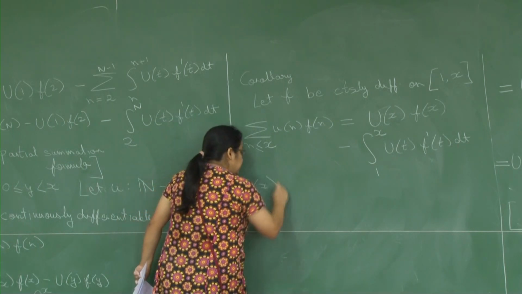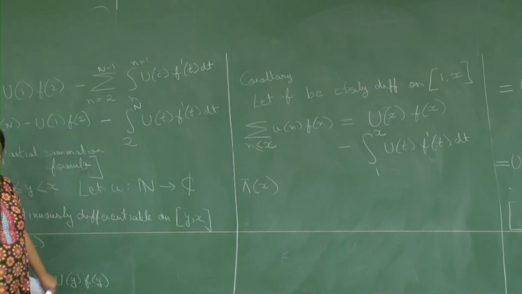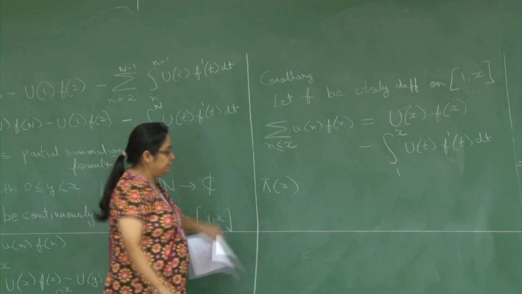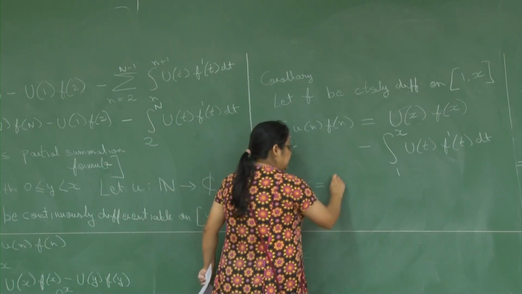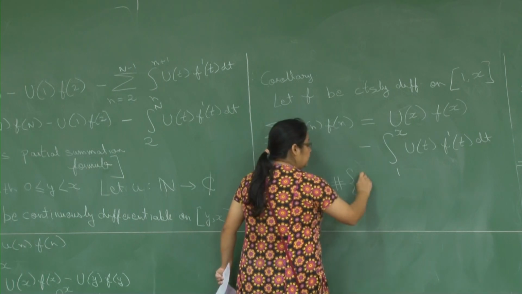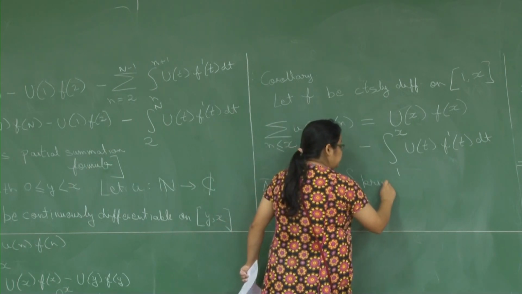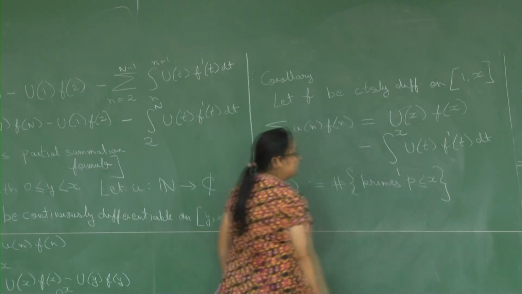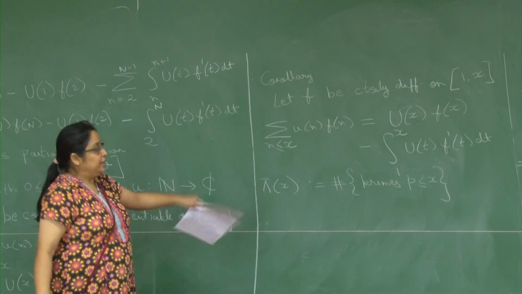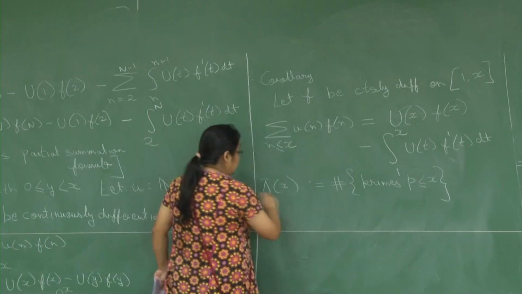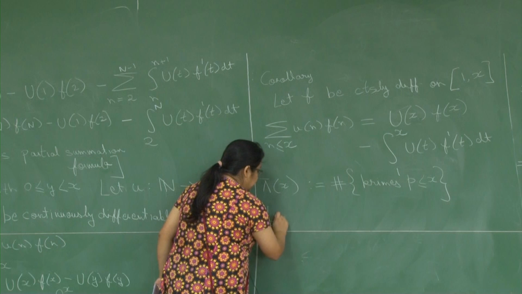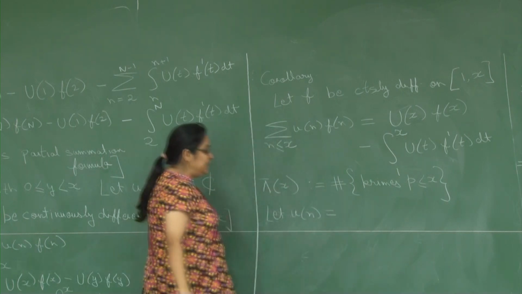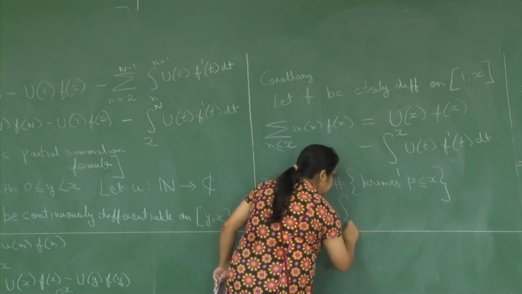the function that is of great interest to number theorists is the prime counting function, pi of x, which is defined as the number of primes p less than or equal to x. So what you can do is, let u of n be equal to the following arithmetic function.